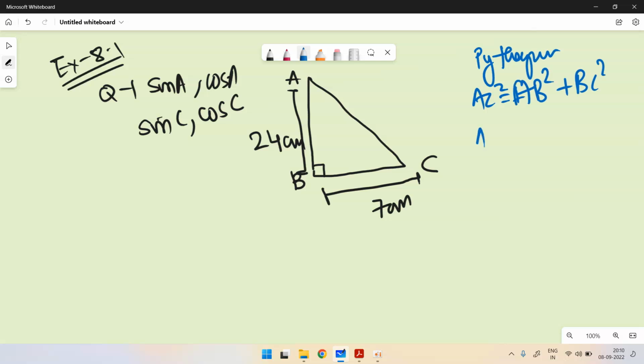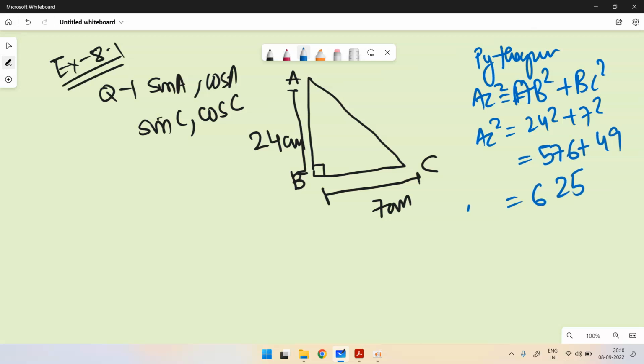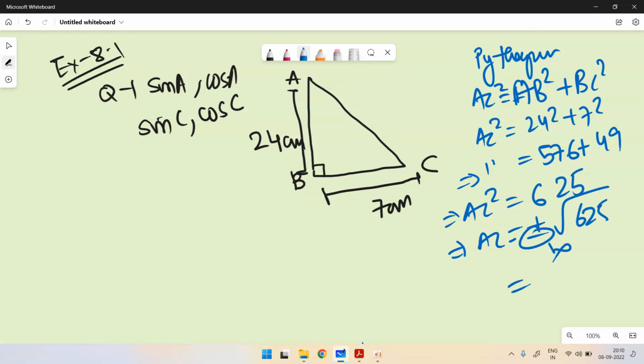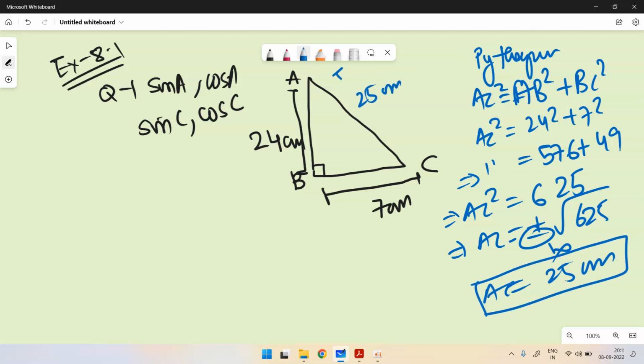So AC square is 24 square plus 7 square, 576 plus 49, which is 625. So AC is plus minus under root 625. Negative is neglected, so AC equals 25 centimeters.